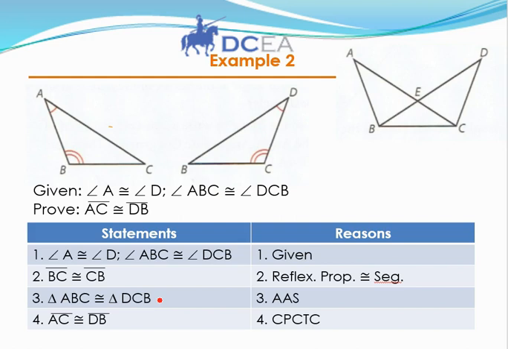So this would be BC, and that would be CB. Reflexive property. And now, using the two angles and the side that we just declared congruent, we can say that triangle ABC is congruent to triangle DCB by angle angle side. And we can pick the piece out that we need now, this AC and the DB, declare them congruent by CPCTC.